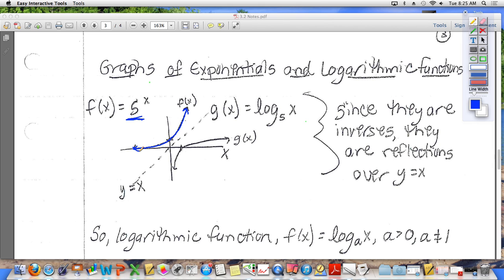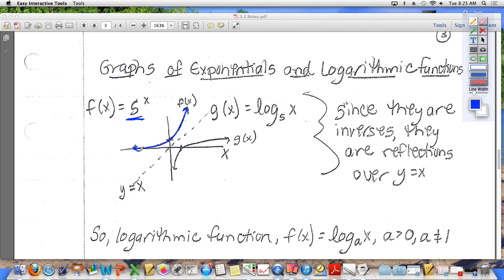I want you guys to remember that logarithms and exponentials are inverses of each other. So if you have an exponential and you need to undo it, you would use a logarithm. And if you have a logarithm and you need to undo it, you can use exponentials.